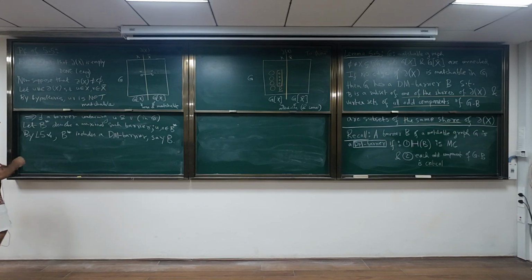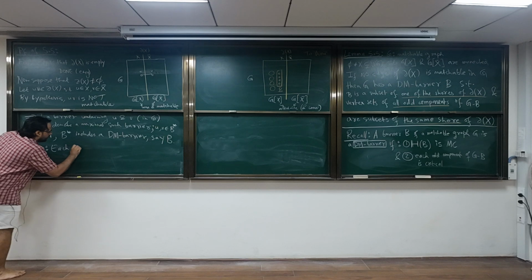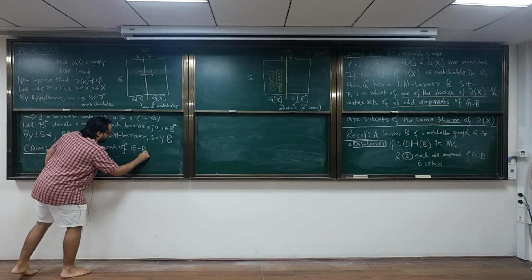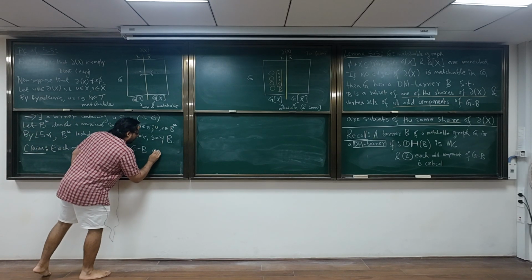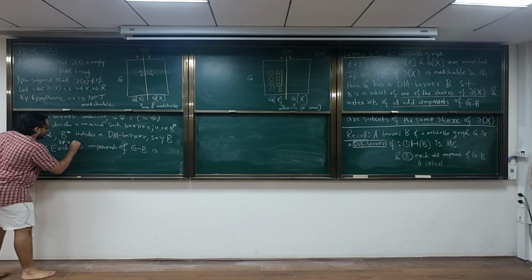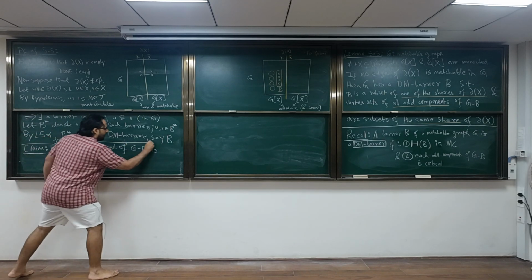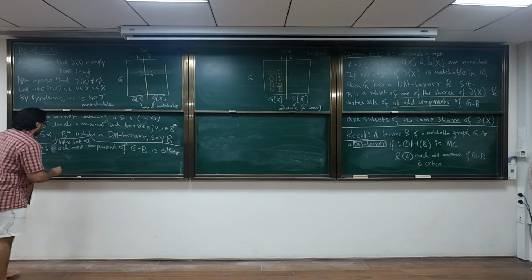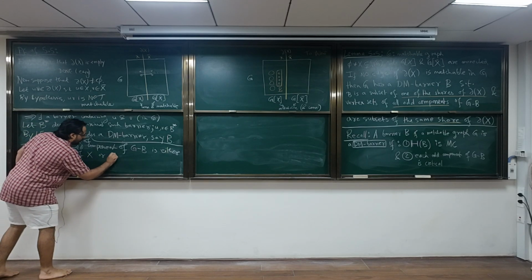Okay, let's see. So claim: the vertex set of each odd component of G minus B is either a subset of X or of X bar.